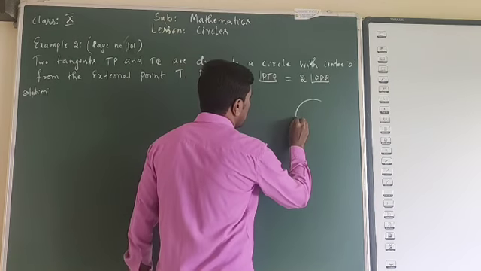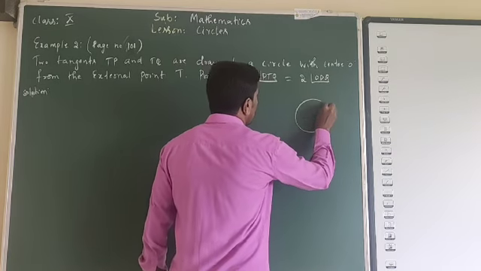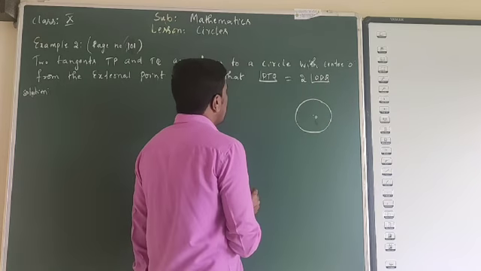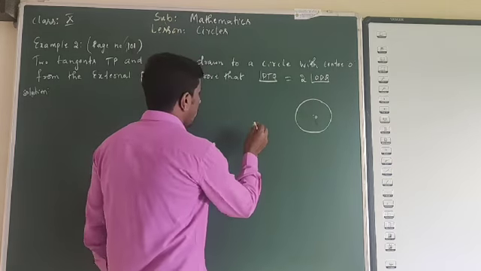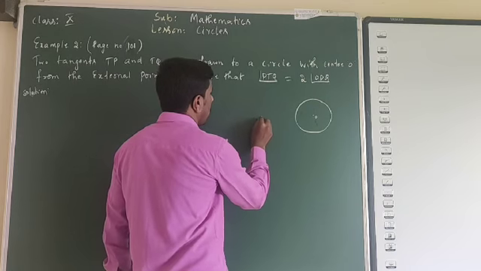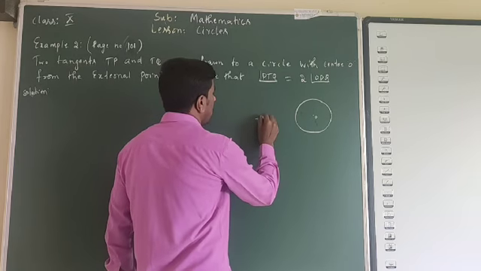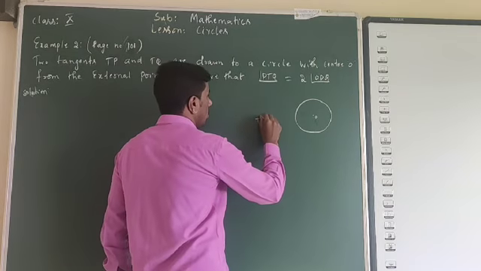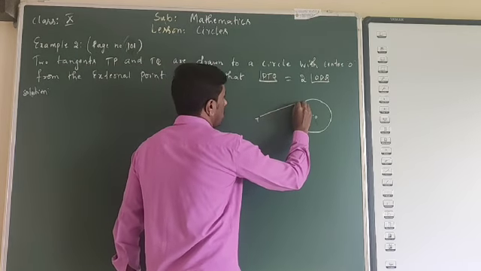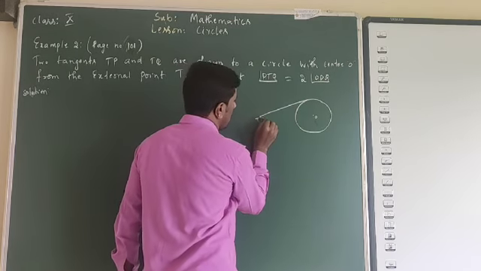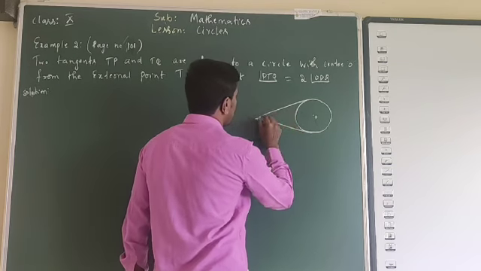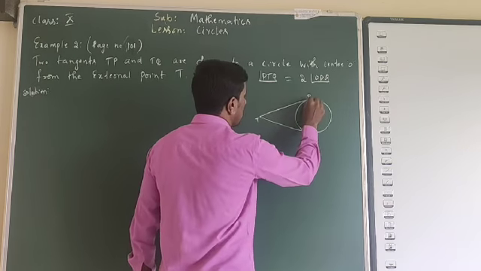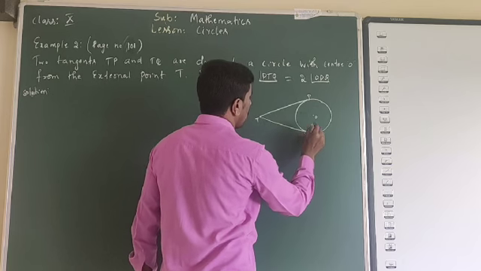So let me draw the circle, with center O. I will have an external point T, and we have two tangents TP and TQ. So this is T, this is P, and this is Q. Okay.